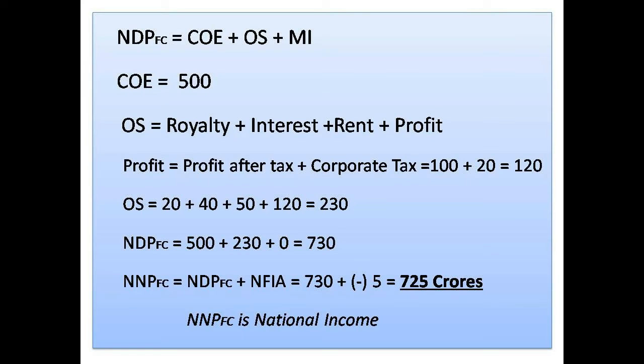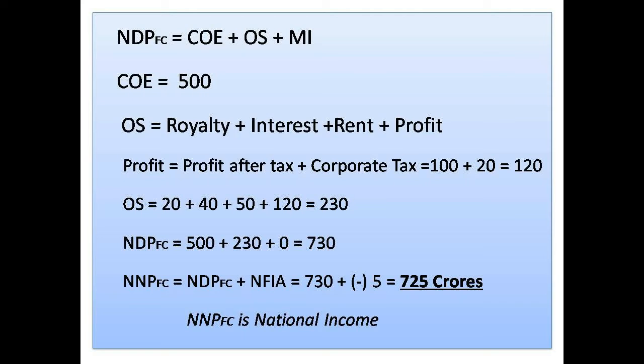Now we can go on to the calculation of NDPFC. NDPFC is equal to COE plus OS plus MI. COE is 500. OS is 230. So NDPFC is actually 730. Now from NDPFC we can calculate NNPFC. NNPFC is equal to NDPFC plus NFIA.